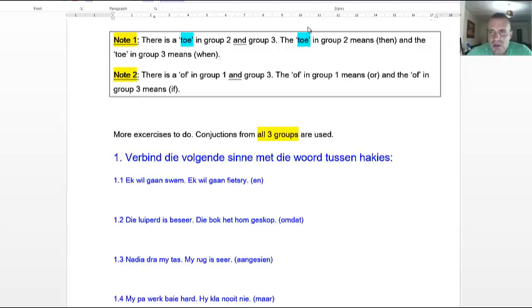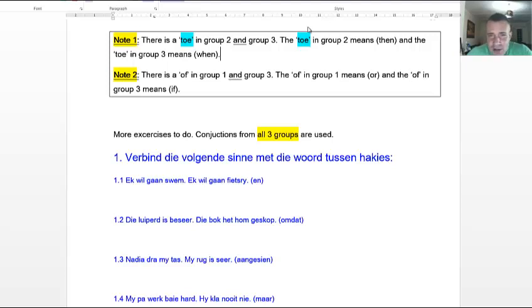You're not going to say we go to the park when we go home. That doesn't make any sense. So you need to look at the meaning of the sentences and ask yourself which one fits in. Is it then or is it when? If it's then, it's group 2. If it's when, it's group 3. Okay, very tricky. I'm sorry. That is just one of those things.